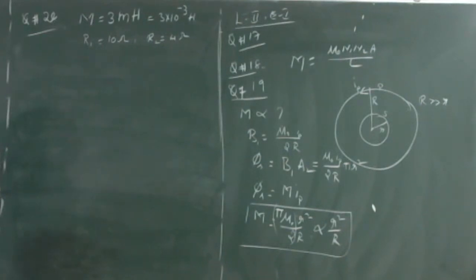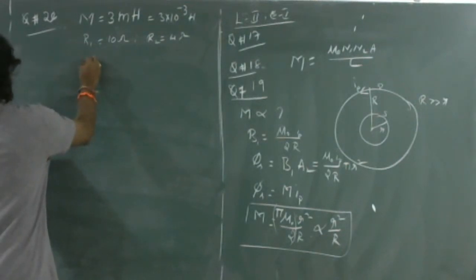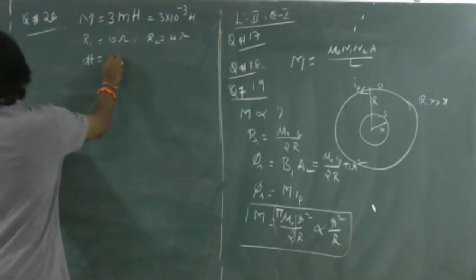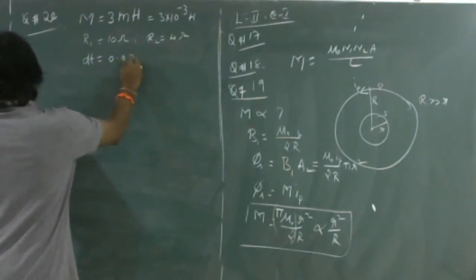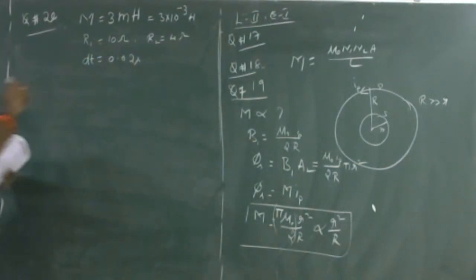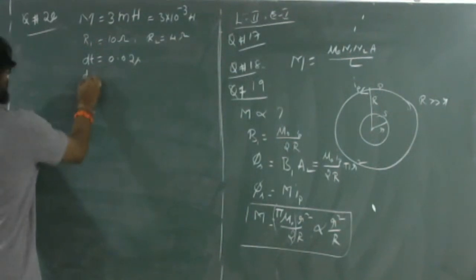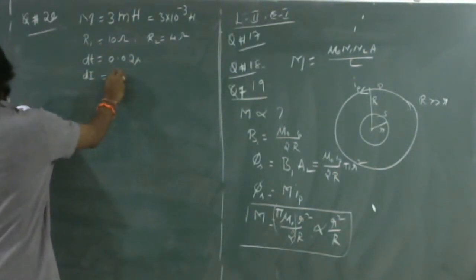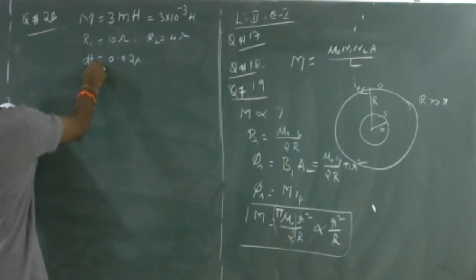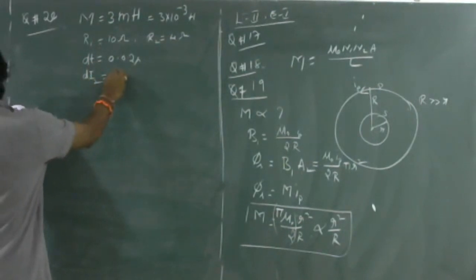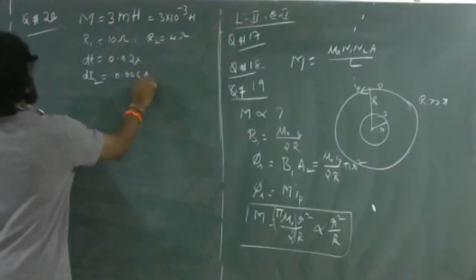And how much current should change in 0.02 seconds in circuit A? So dt, the small change in time, is equal to 0.02 seconds in circuit A, so that the induced current in B should be 0.006 ampere. The induced current in the secondary circuit is equal to 0.006 ampere.